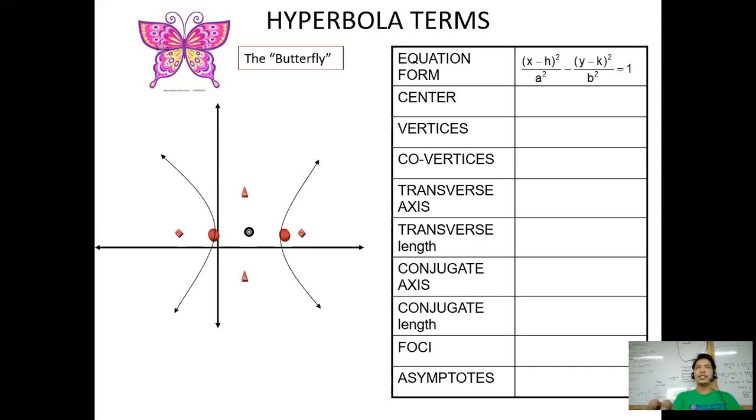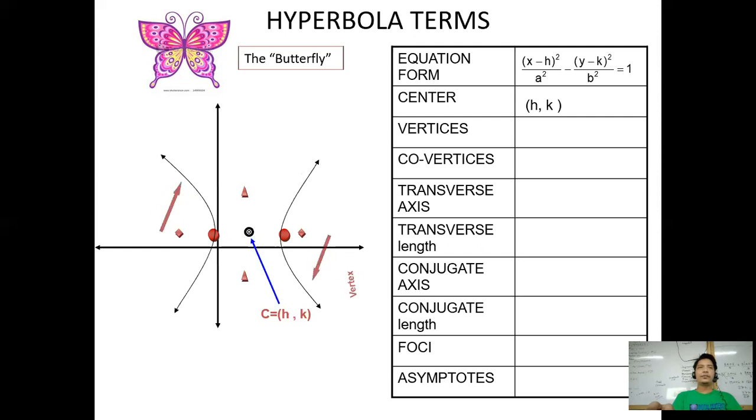Okay, so sino naman yung tinatawag natin center? Ito naman po yung tinatawag natin center. Kumbaga siya yung pinaka-midpoint ng ating dalawang foci. Okay, next. So center natin is (h, k) dito.